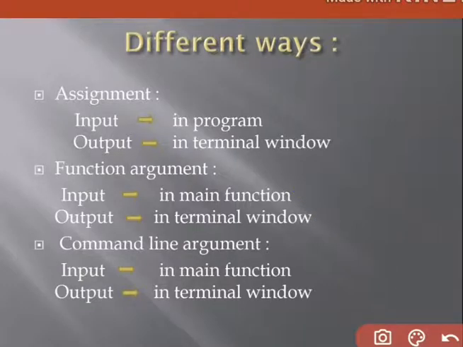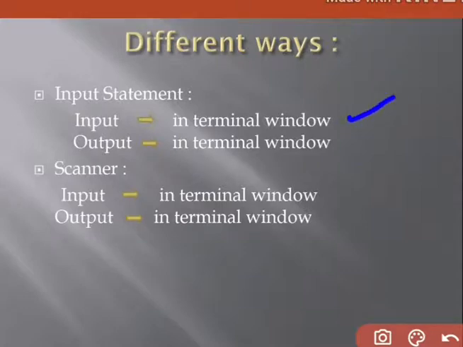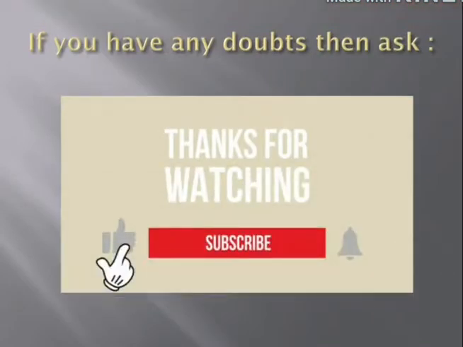Then command line, same thing, main function, input and output in the terminal window. But see, again in the input statement, input in the terminal window, output in the terminal window. In Scanner, input in the terminal window, output in the terminal window. In this way we are getting all these things.